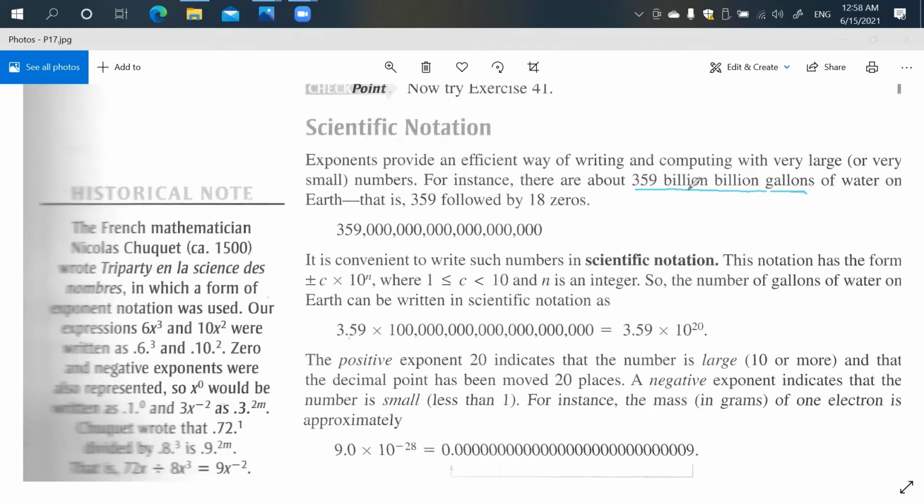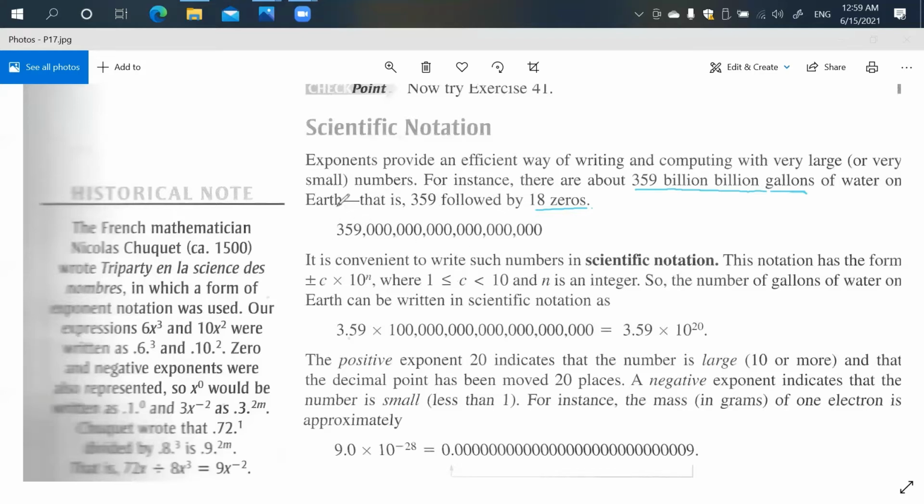How many zeros? 18 zeros. Including 359, it is going to be 21 digits, right? So it's really large.